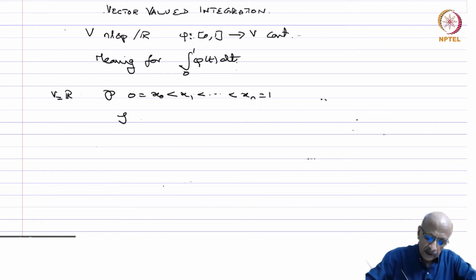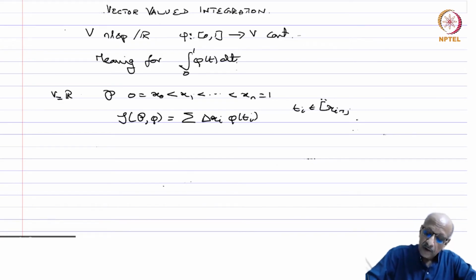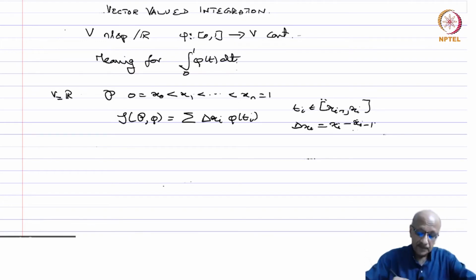Corresponding to the partition, you would define the Riemann sum S_P phi, which will be the sum of delta xi times phi of ti, where ti belongs to the interval [x(i-1), xi], and delta xi is equal to xi minus x(i-1), and then you would take a limit.